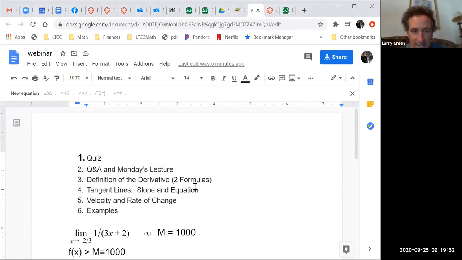Okay, now comes the biggie, and that is the definition of the derivative. The epsilon delta definition of limit was important, but on a scale of 1 to 10 of importance for this class, it's a 2. On a scale of 1 to 10 of importance for the definition of the derivative, it's a 10. It's the most important of all definitions of this entire course.